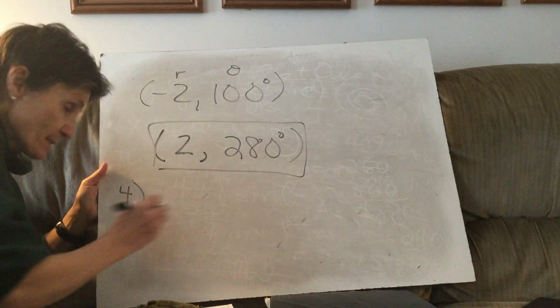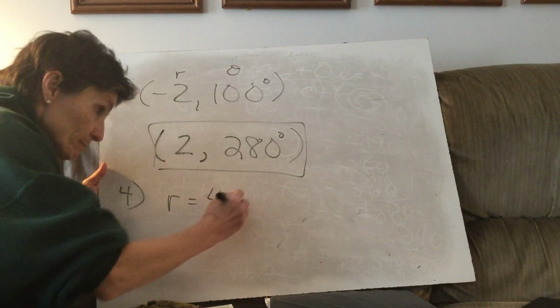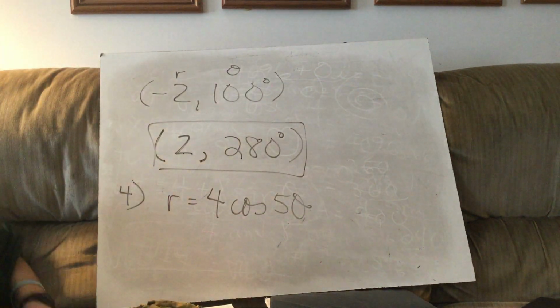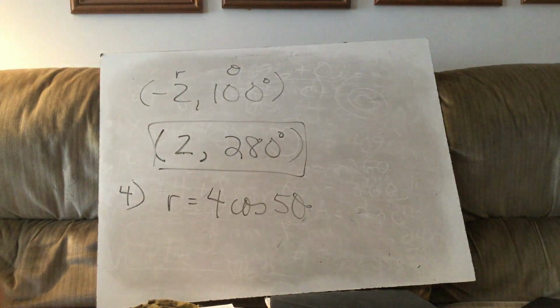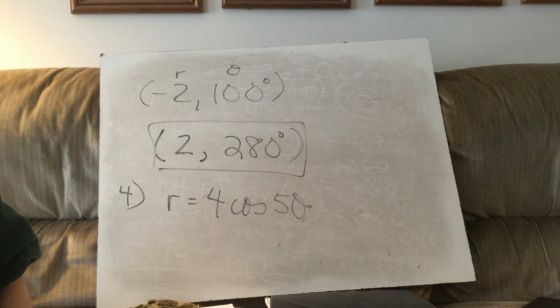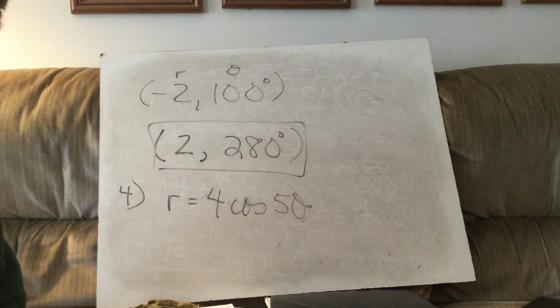All right, now number 4 says we have a rose. This is a rose. I know it's a rose because if it were a spiral, it wouldn't have this. If it were a lemniscate, that would be squared.